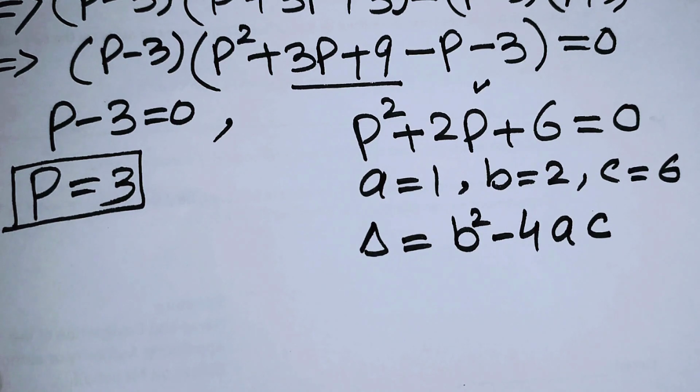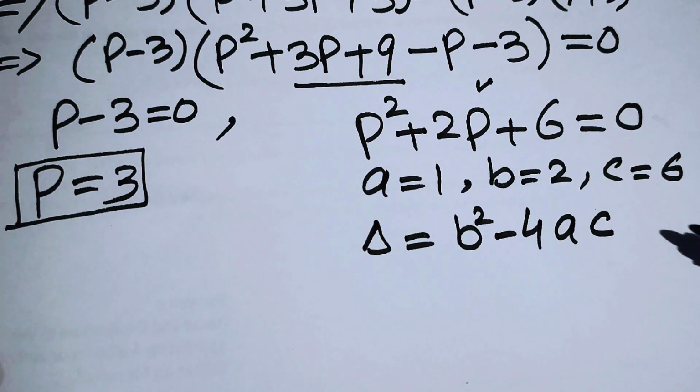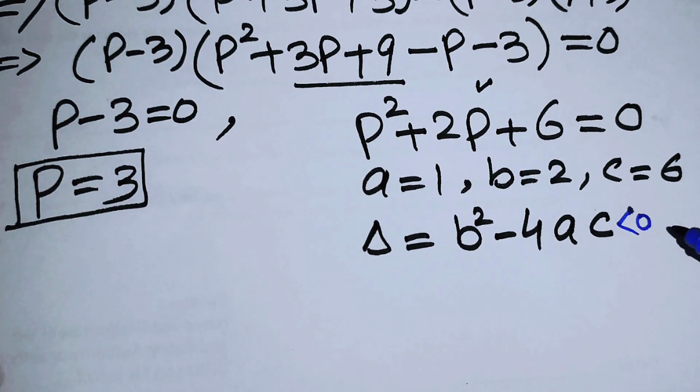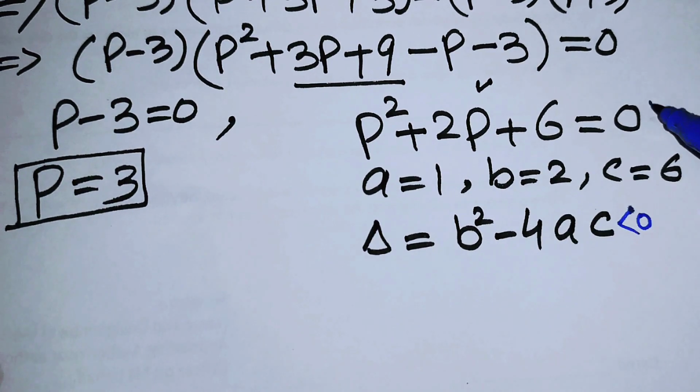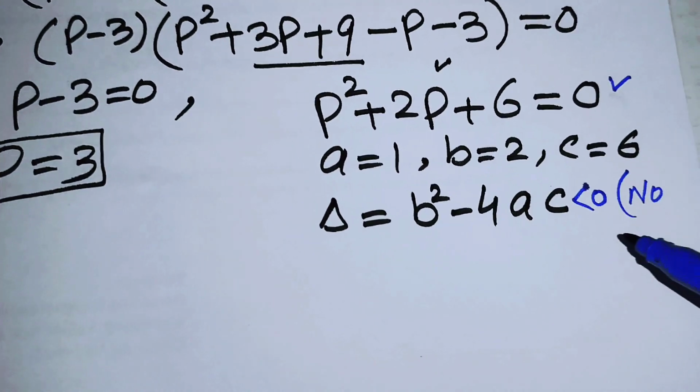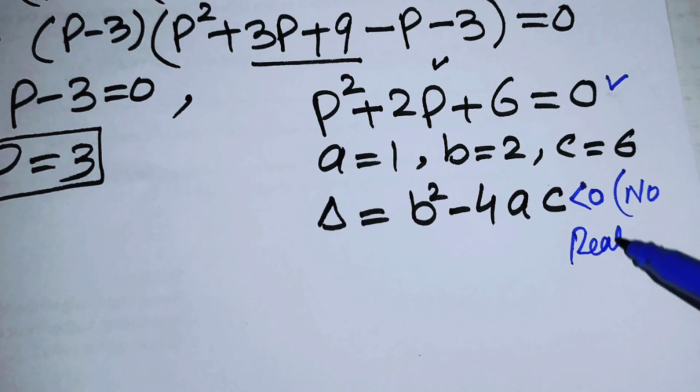Here you remember one thing about the discriminant: if this delta is less than 0, then we can say that this quadratic equation has no real root.